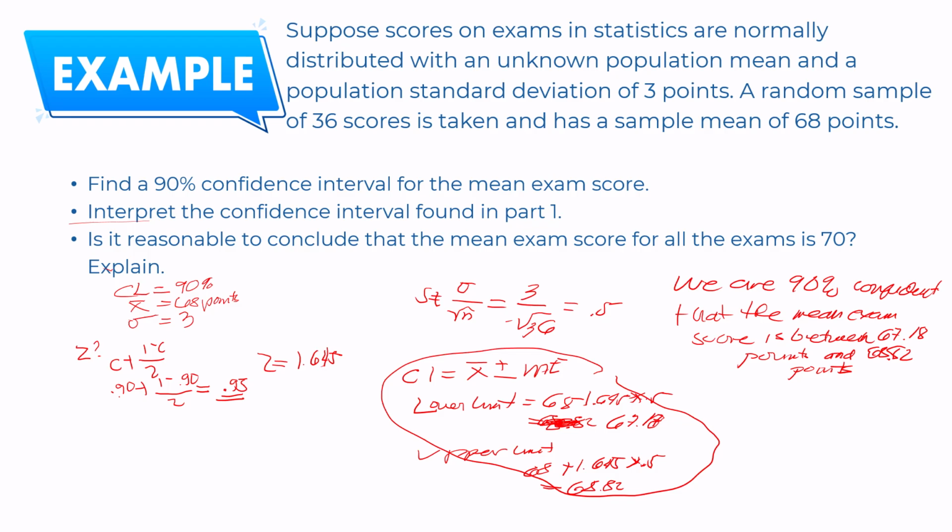We cannot conclude that it's reasonable that the mean exam score is 70 points, because 70 points is outside the confidence interval of 67.18 to 68.82. There's only a 10% chance that the mean is above or below the given confidence interval. So it's unlikely, but of course 10% is still 10%. So that's how we interpret the results.